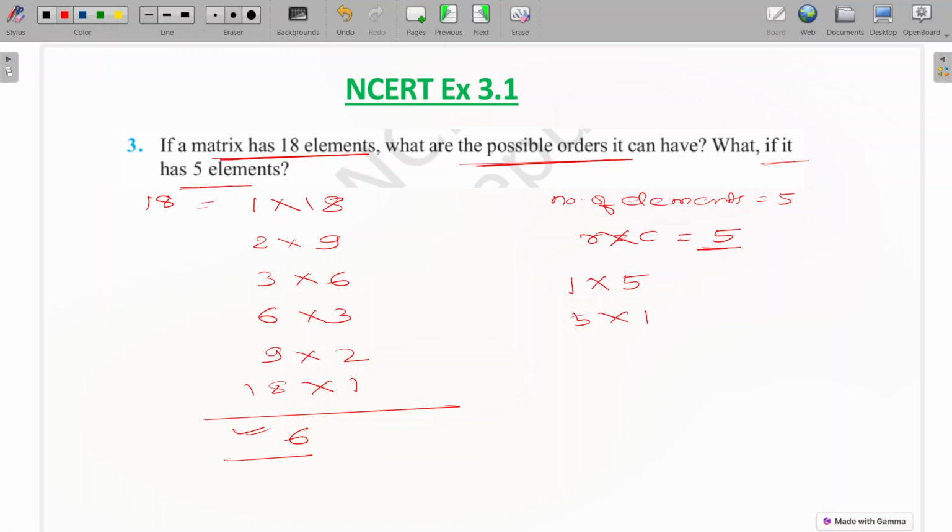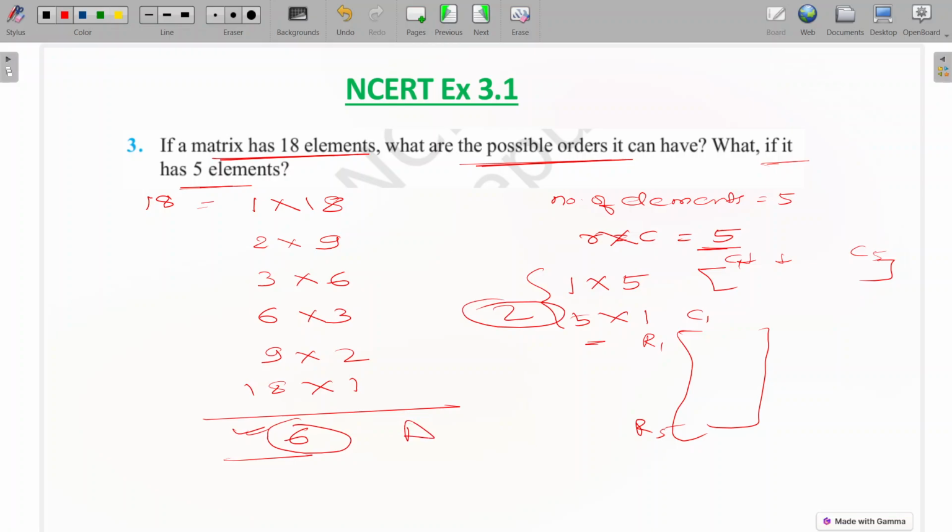So it will be one row and 5 columns, C1, C2 to C5, and 5 rows, row 1 to row 5 and one single column C1. So here it will be two possibilities and here it will be six possibilities. This is the answer of this question.